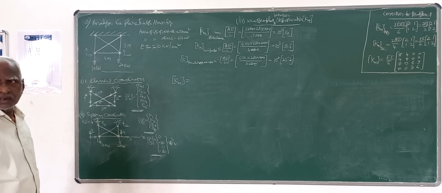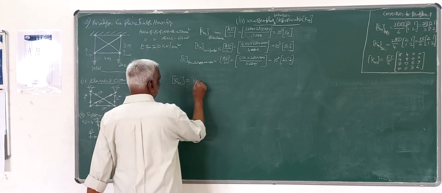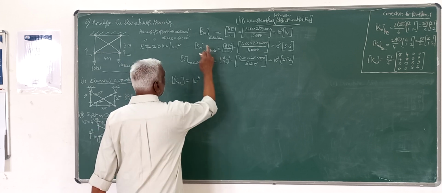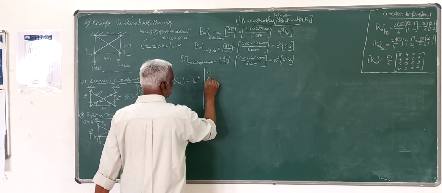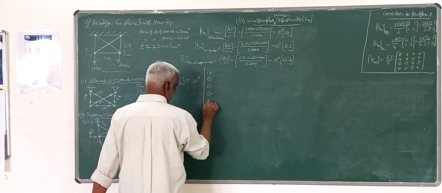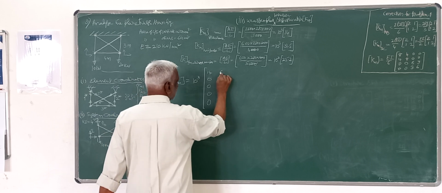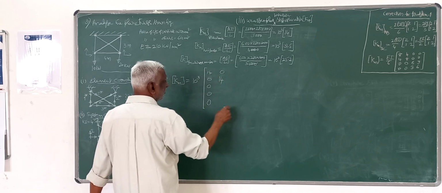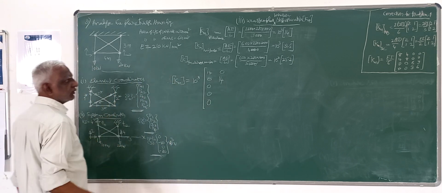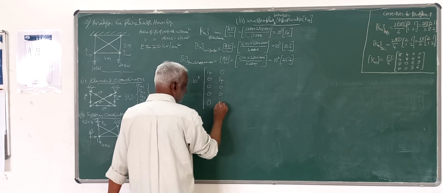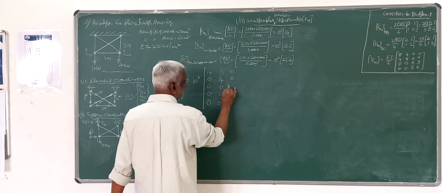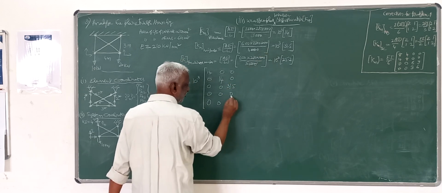We have to arrange it along the diagonal. So I will take the 10 cube outside. Here for the first member it is 14 and others are 0. Totally 5 members. Then the second member is again a vertical member, it is 14. Then the third member is horizontal, for which the stiffness is 31.5.